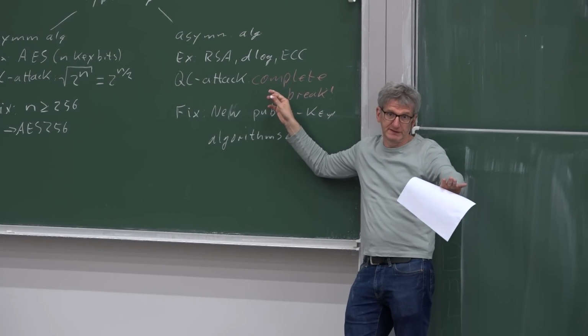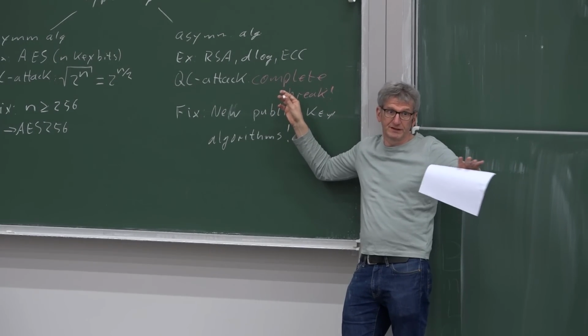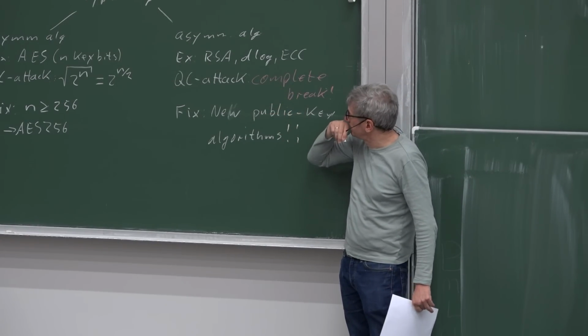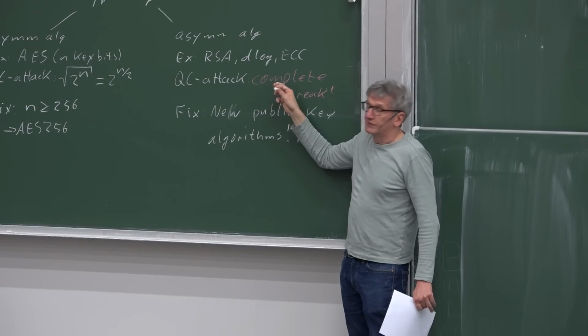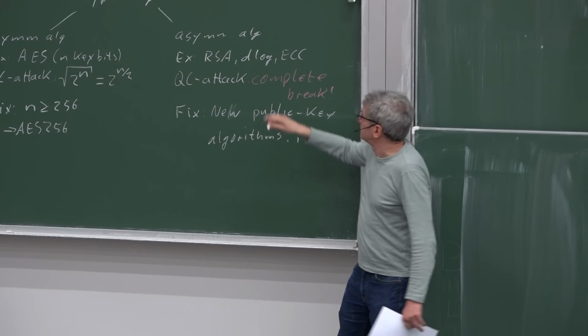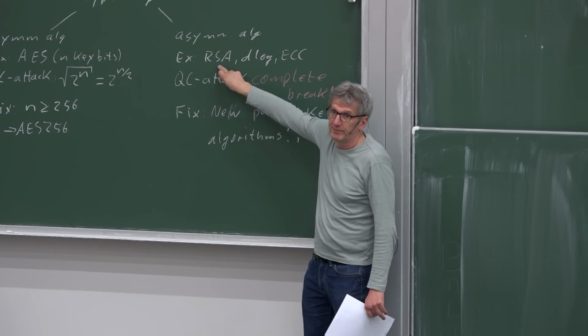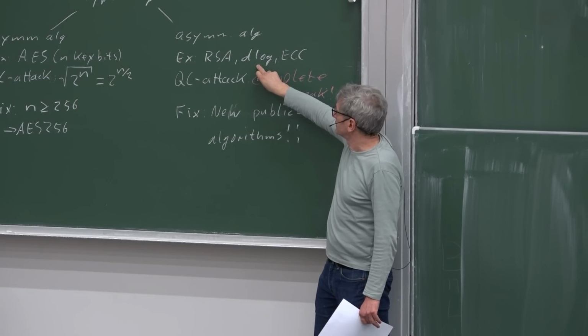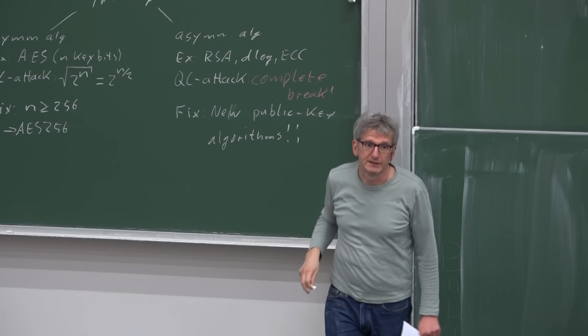And we're not talking about these attacks in detail. I think Professor Michael Walter is teaching a class on that. He's definitely teaching a class on quantum computing in general. So we need other public key algorithms that don't belong to the RSA family, don't belong to the discrete logarithm family, and don't belong to ECC, right?